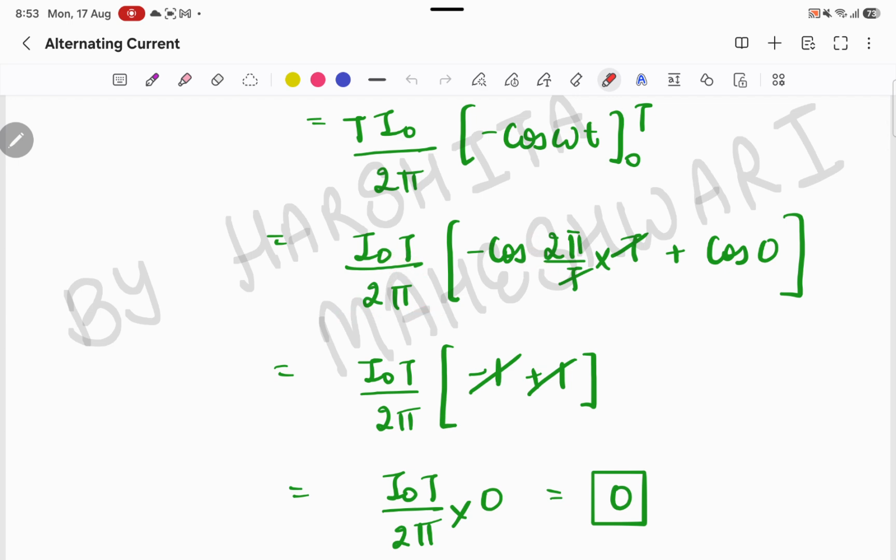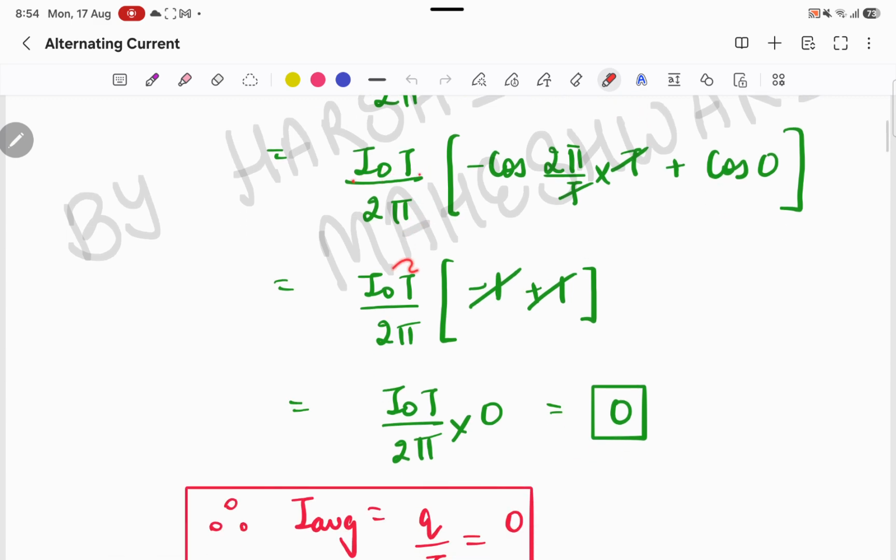So minus cos omega value I can write 2 pi by t multiplied by small t value with the first integral, that is capital T. Then minus will become plus, because in between minus sign used to get inhibited. So 0 when I will be putting here, so 0 multiplied by omega will become as a whole 0. So it is cos 0. Okay. Now I naught t by 2 pi I am writing as it is, and I am getting the formula from here that minus cos 2 pi.